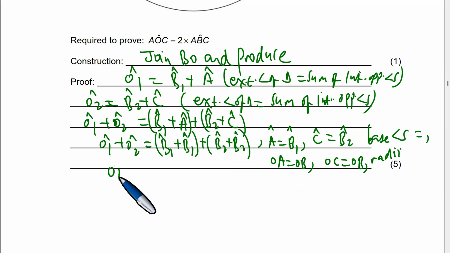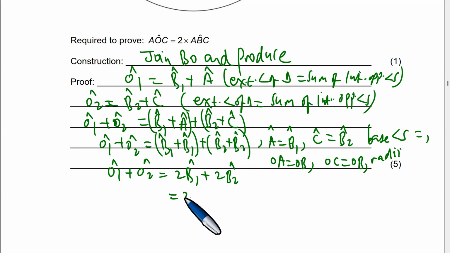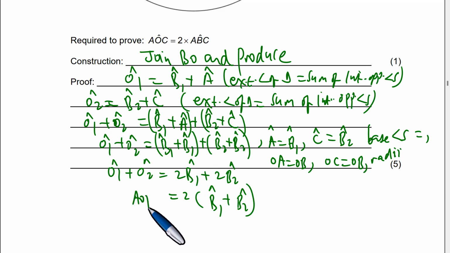So now we have angle O1 plus O2. B1 plus B1 is 2B1, B2 plus B2 is 2B2. Take out 2 as a common factor: 2 times B1 plus B2. This is AOC.